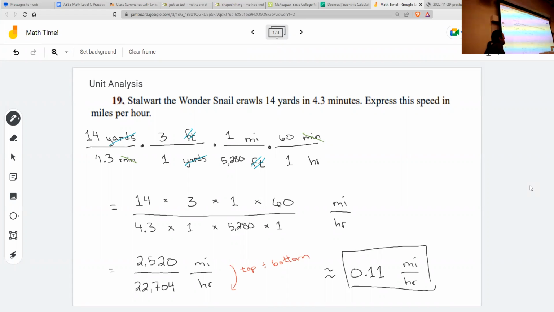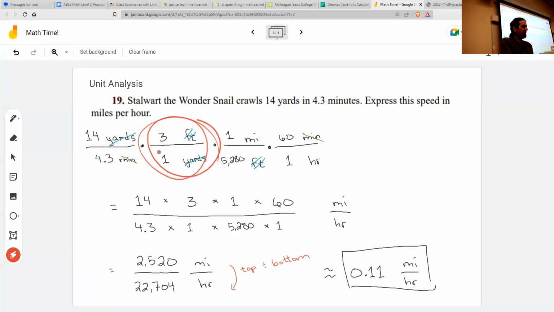As a tangent, why am I allowed to do this? Let's look at this first one with the 3 feet per 1 yard. I can't just multiply something by 3. That changes it. Why am I allowed to do this? How do 3 feet and a yard compare to each other? There's 3 feet in a yard.